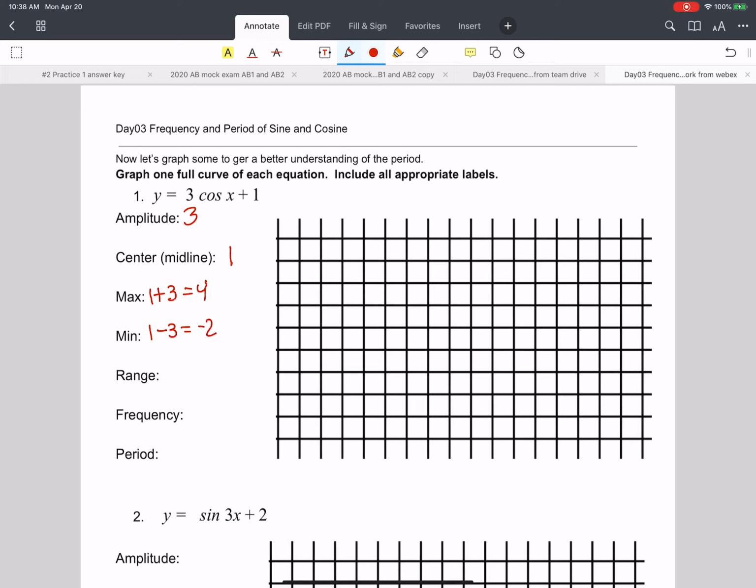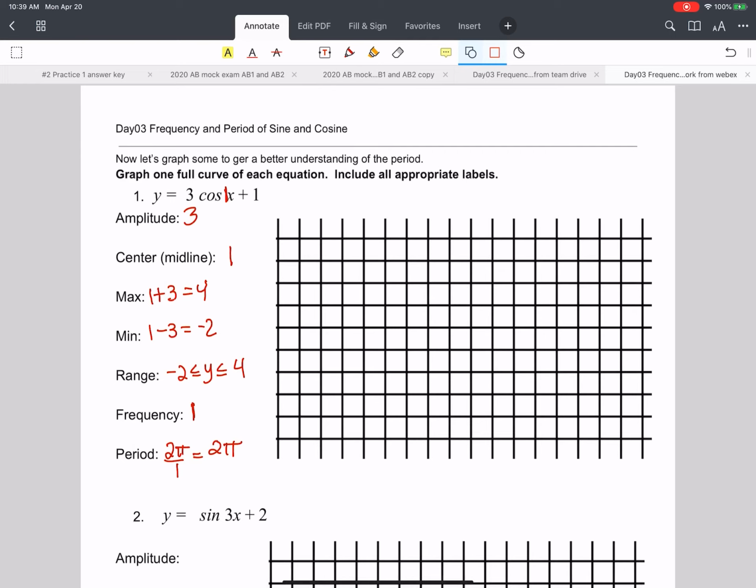And the range. Good. Now there's 2 more added things that you're going to have to do. So find the frequency. That's the number in front of x, right? So that's 1. And the period. The period is 2 pi over the frequency, so that's just 2 pi. So now when you graph this time your axes are not drawn, so you have to draw them.